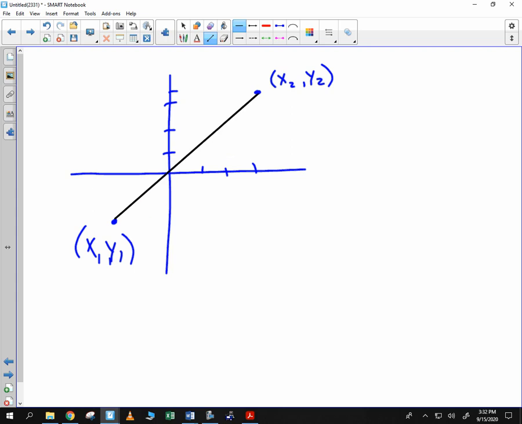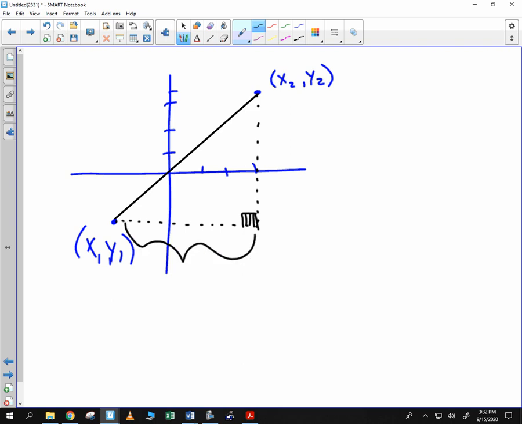As you consider the distance, you can simply make it into a right triangle, and that length becomes the hypotenuse. This horizontal distance here is whatever x sub 2 minus x sub 1 is, and this vertical distance is whatever y sub 2 minus y sub 1 is.